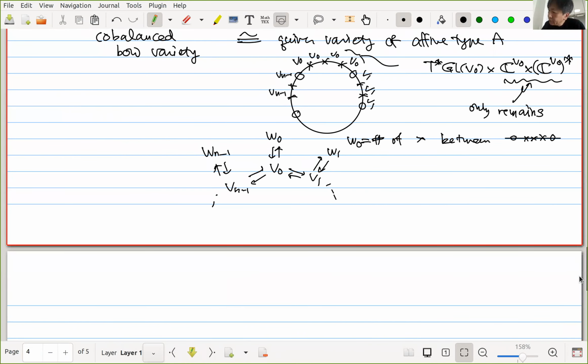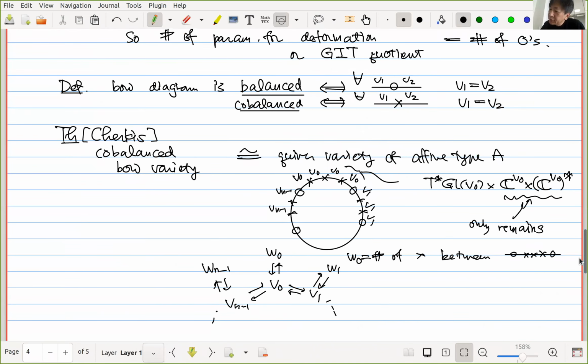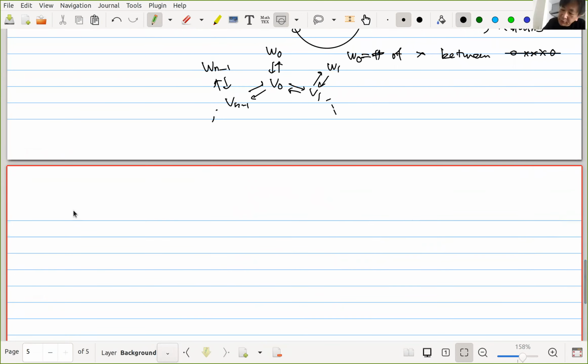So this is the case of the cobalanced one. But I consider the balanced case. So this is what I proved with Takayama several years ago.